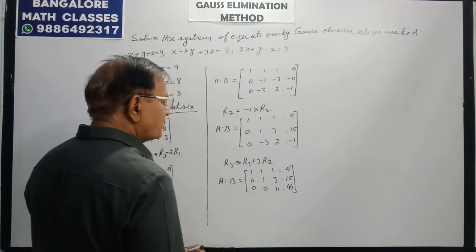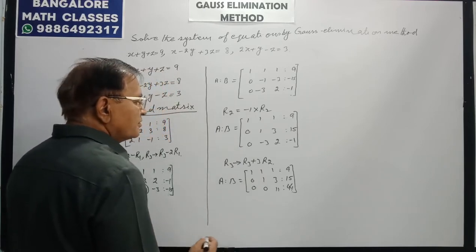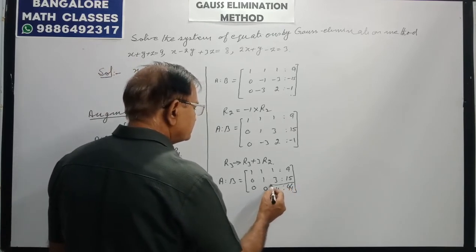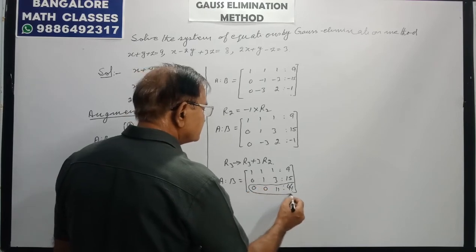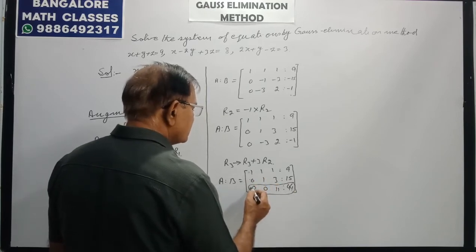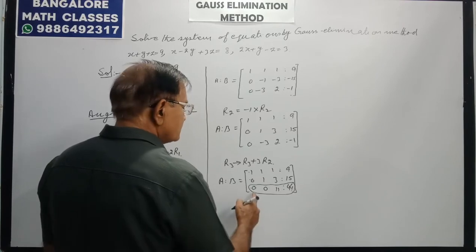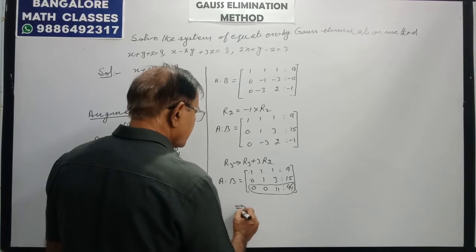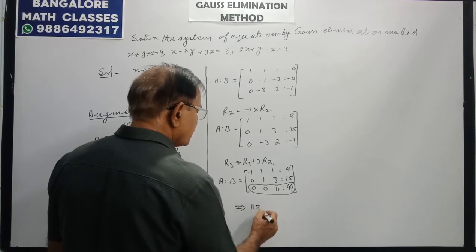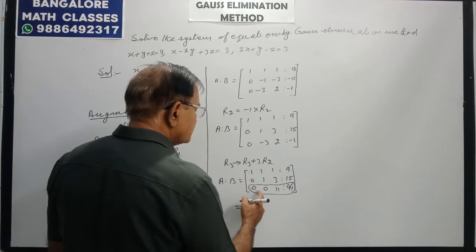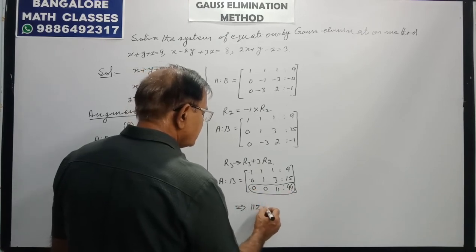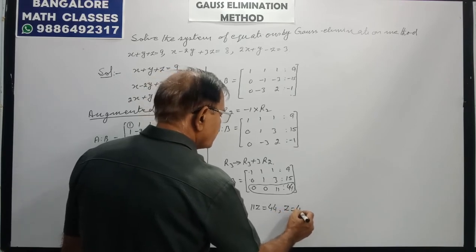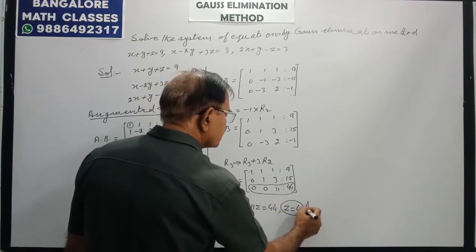Now how we will find it, how to write it again. See, this is for Z. Like X, Y, Z: 0x, 0y, 11z equals 40. So Z will come out to be 4.